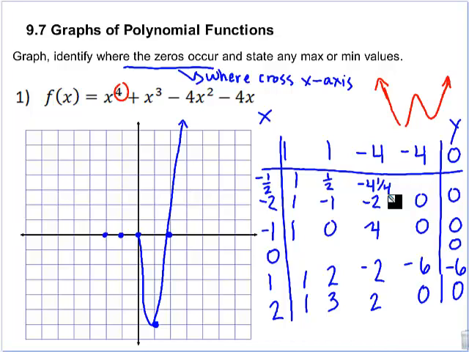Yep, positive 2 1/8, because they're both negatives. So 2 1/8 plus negative 4. Negative 1 7/8. Yep, negative 1 7/8. And then negative 1 7/8 times negative a half. 15/16.